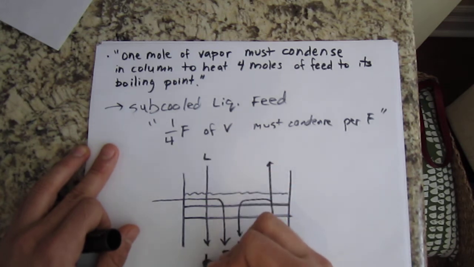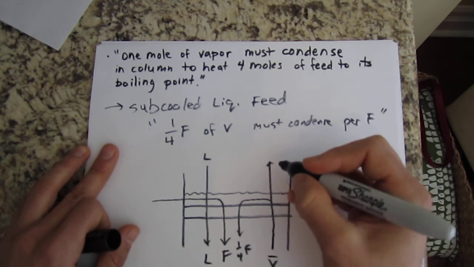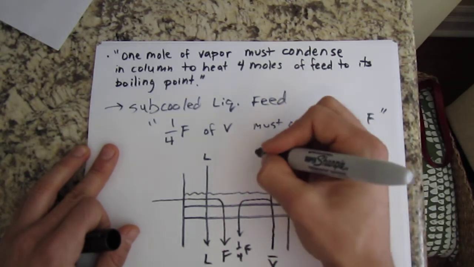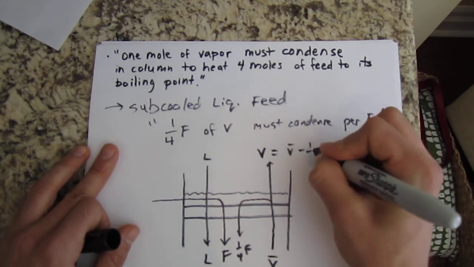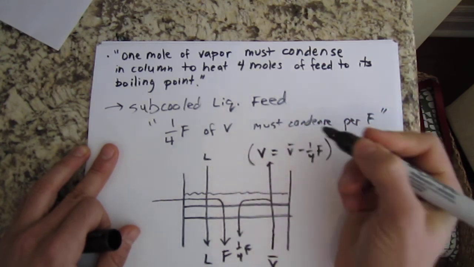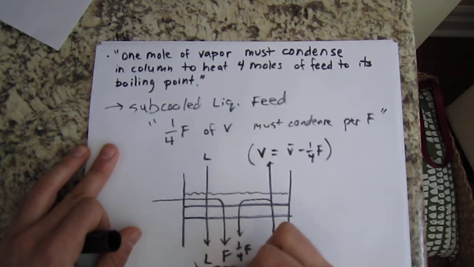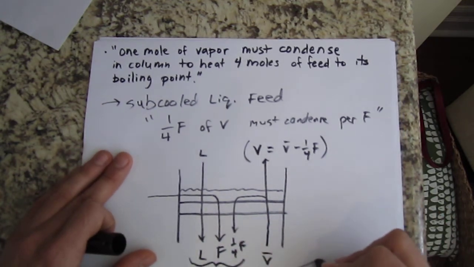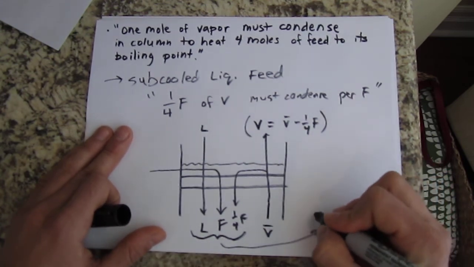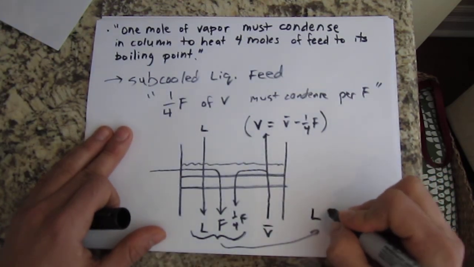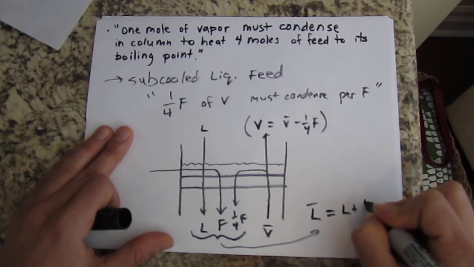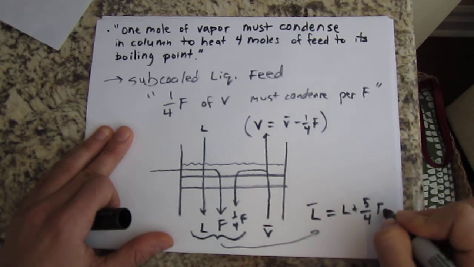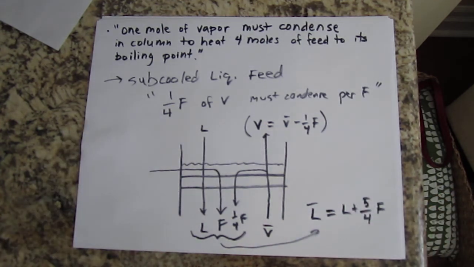This L, nothing comes off of it, so it's still L. This V bar is losing a 1/4 F. So this is V equals V bar minus a 1/4 F. And this represents L bar, which is L bar equals L plus F plus a 1/4 F, which is 5/4 F. And then you find Q again with those equations, and you find the slope, and then you draw it.